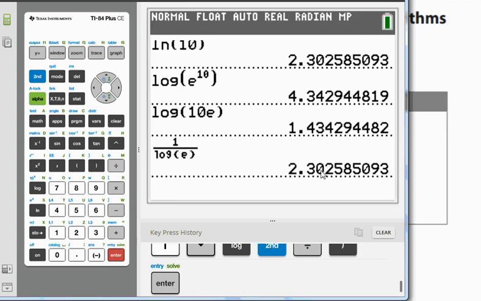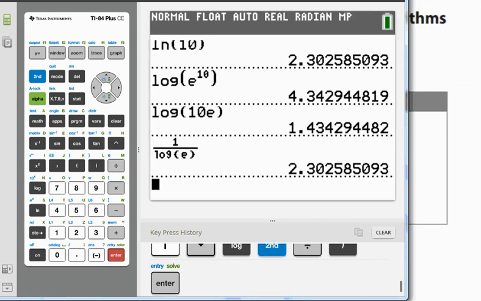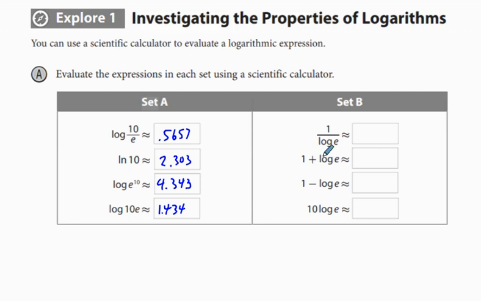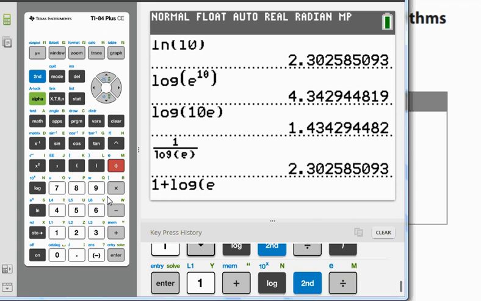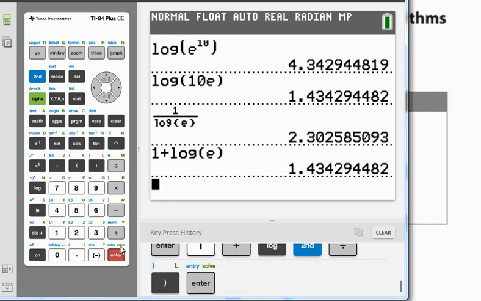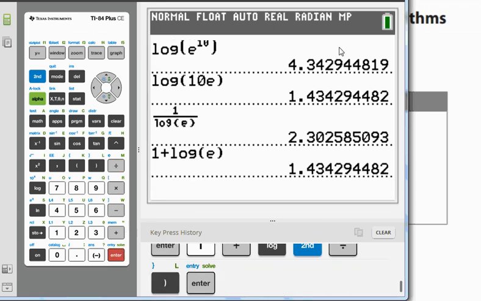We get 2.303. And then 1 plus log e, which is 1.434.